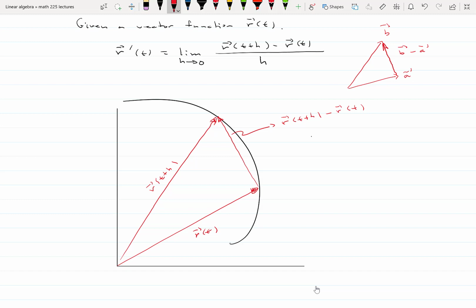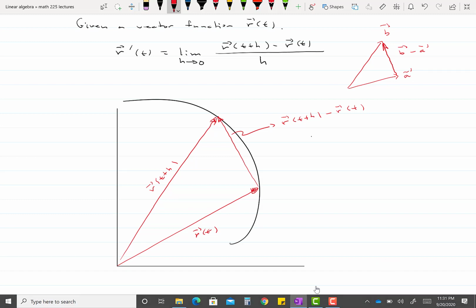I'd like it to give us a tangent vector. Now, the vector I've just drawn, the difference r of t plus h minus r of t, is not tangent. It's sort of like a secant vector. But what happens if I look at smaller and smaller values for h? I want to examine that question right now.